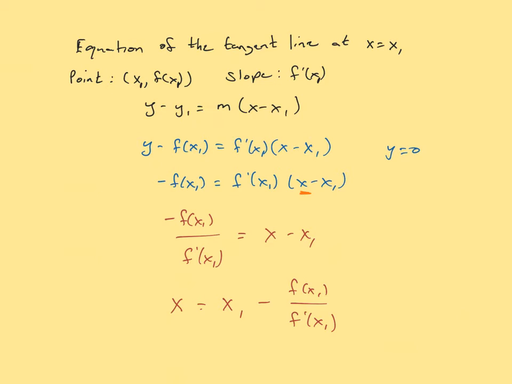And when you find the equation of this tangent line and find this x-intercept, that value is going to be our next guess. So let's take a look at the process of Newton's method.